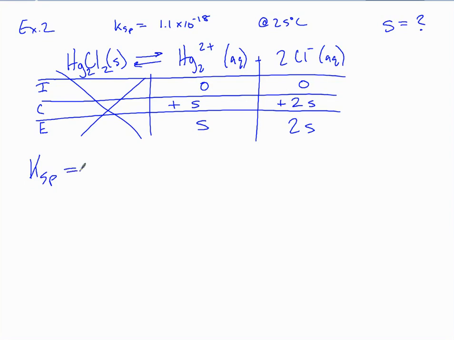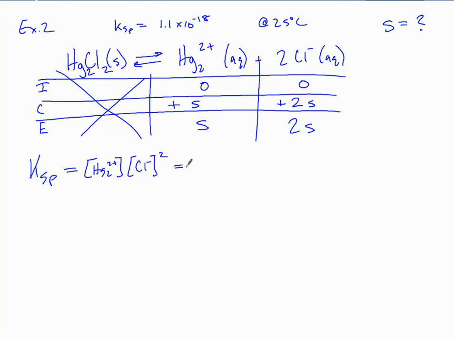So KSP equals, the products go on top, concentration of mercury times the concentration of chloride squared. Remember, solid S, stay out. It doesn't go in this equilibrium expression.